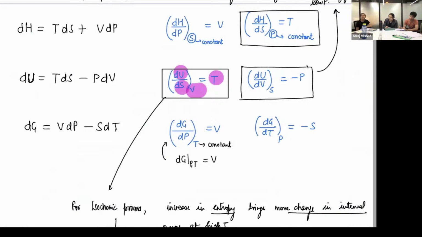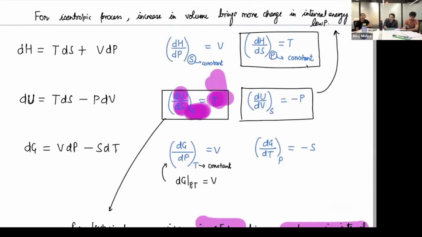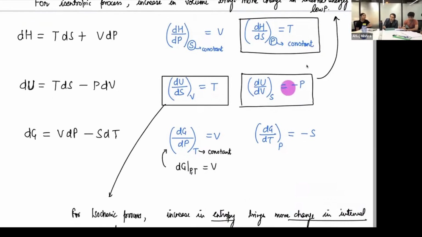Is that clear? Because V constant means isochoric. dU by dS means increase in entropy will bring more change in internal energy. किसके बराबर है? T के बराबर है. अब T का वैल्यू जितना ज्यादा होगा उतना ही चेंज होगा. Any difficulty in this? Had it been minus T then reverse लिख रहे हो, जैसे last case में लिखा था.